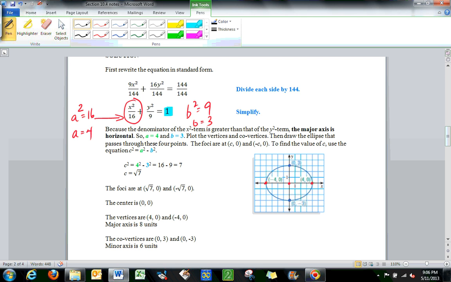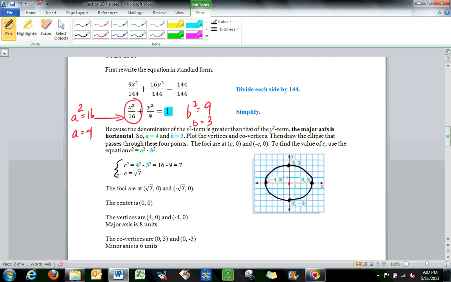Now, to draw this ellipse, I really just want you to do the best you can of putting these 4 points together. Similar to what we did in the circle, we're going to do the best we can to draw our ellipse, but we're also going to make sure that we label the points for the co-vertices and the vertices. In this particular case, I'm not going to worry about the foci, but you can see here that we're using c squared equals a squared minus b squared to find that.